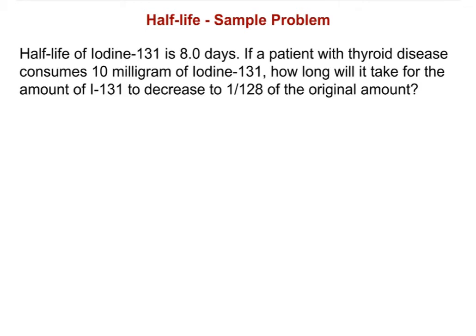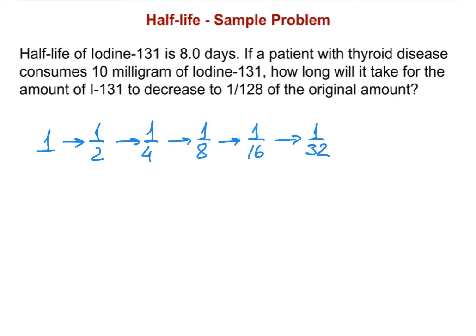So whatever the original mass was, we assign it to be 1 at the beginning, and in 8 days it will be 1/2 of it, and then it will be 1/4 of it, and 1/8, 1/16, 1/32, 1/64, and eventually we see that it is 1/128. So we know that every single arrow represents a half-life, and the half-life of iodine-131 is 8 days.